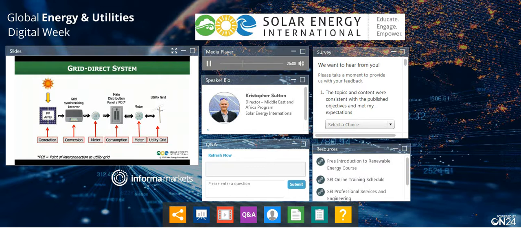So the output of the solar is going to change throughout the day based on the amount of sun and size of the system. Depending on the output of the solar in kilowatts or megawatts and how big the electrical loads are in the building, we may either just feed the electricity from the solar direct into the building and have no additional from the utility grid, or if we have excess solar, we can push energy back into the utility grid, and that goes through a secondary meter there.